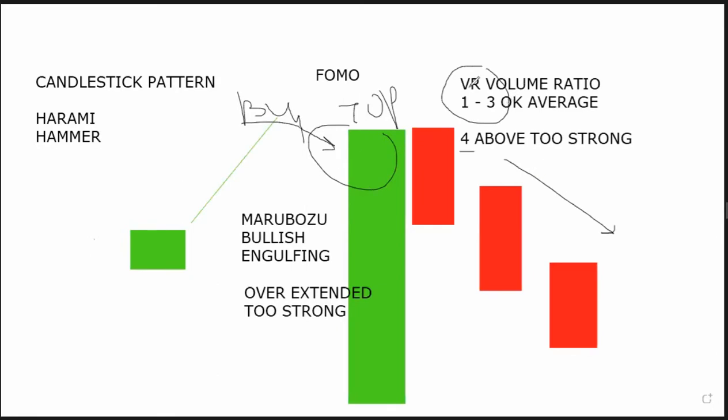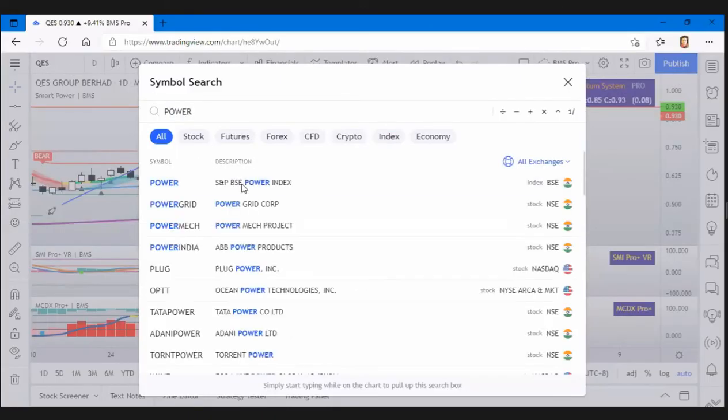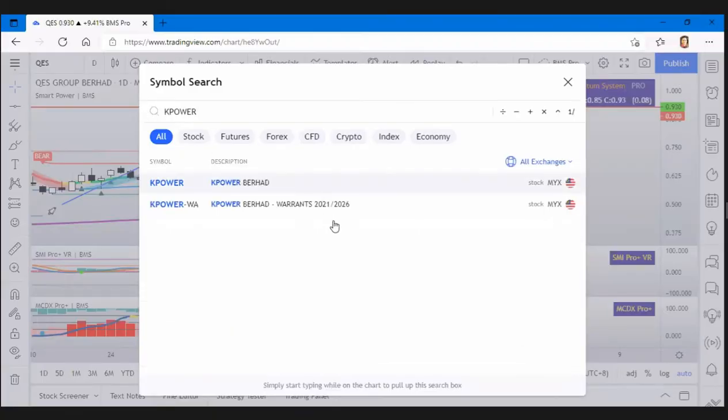We have all these indicators built into the chart to let us know if this is too strong or not. Nicholas, K power. K power, most probably it will pull back. We're going to see where there is a resistance, and then it will pull back.